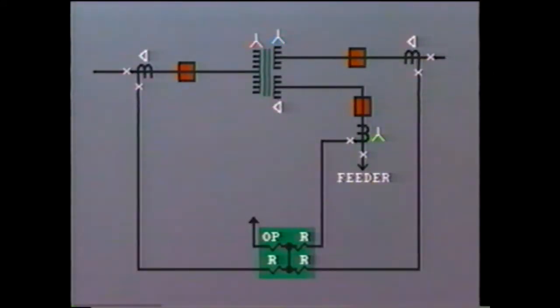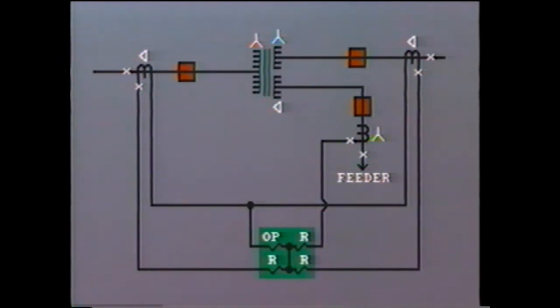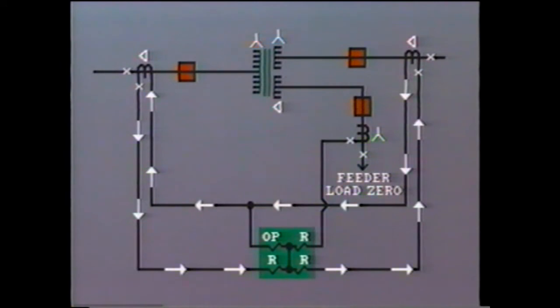In this single line diagram, you can recognize the connections to one phase of the differential relay. However, in following through the operation, it helps if we connect the other end of each CT, first for the two outer windings. If we consider the load on the third winding to be 0, we can see that there is balance here.